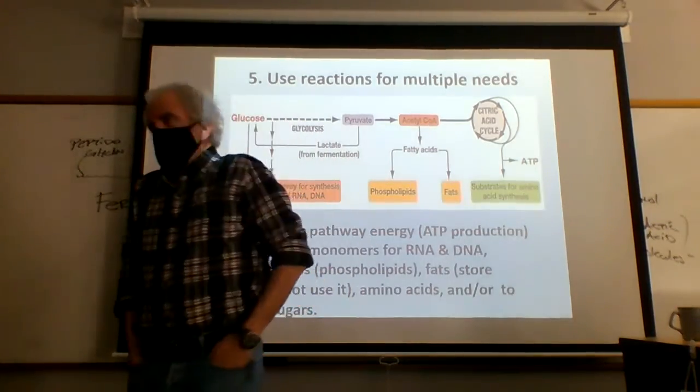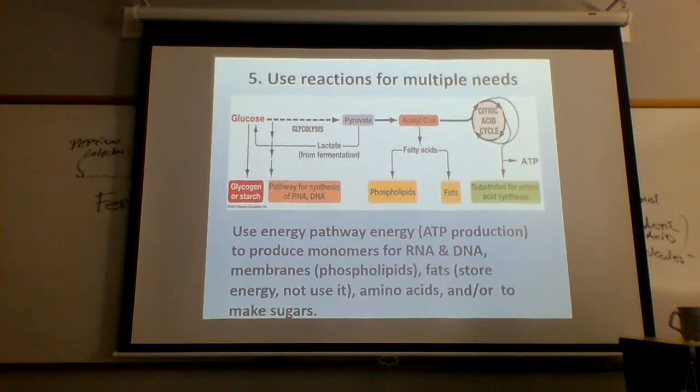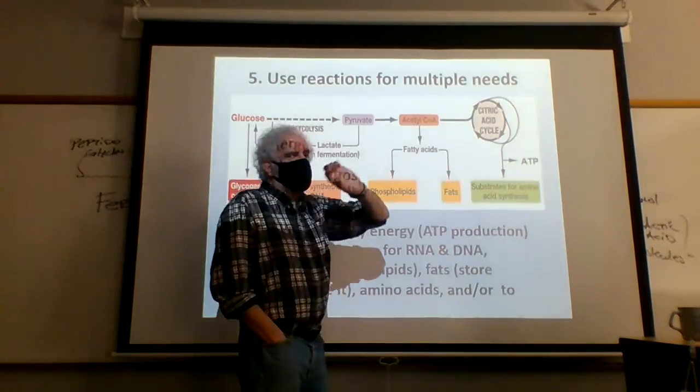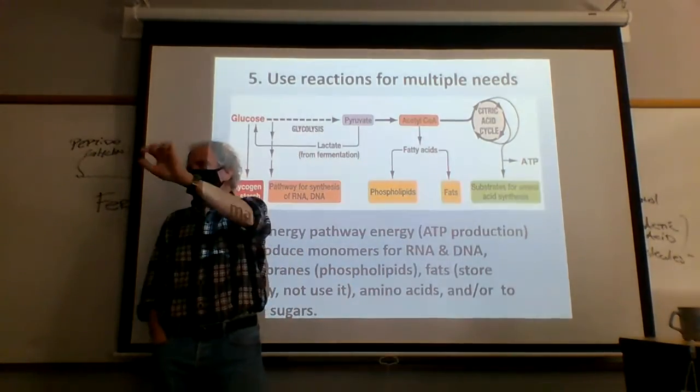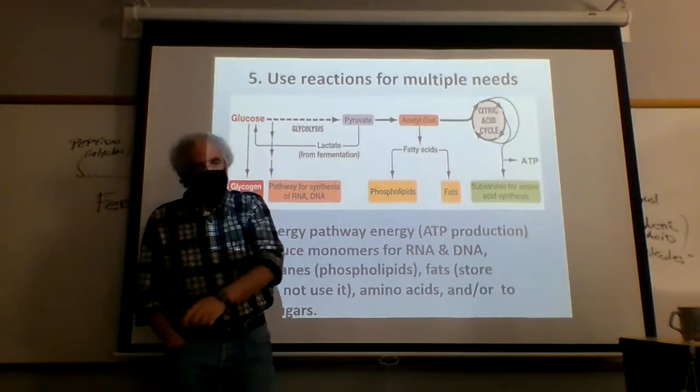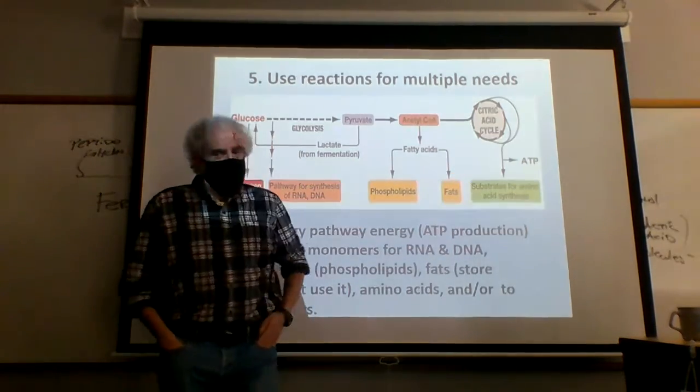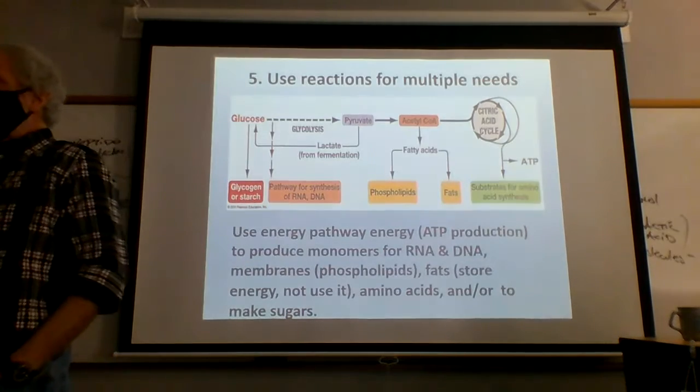And so we can fit in and digest anything that is digestible into these pathways. So sugars are going into glycolysis. Fats are consumed 2 carbons at a time off the fatty acid tail, and they're fed into acetyl-CoA. And so if you can eat it, you're fitting it into one of these pathways.